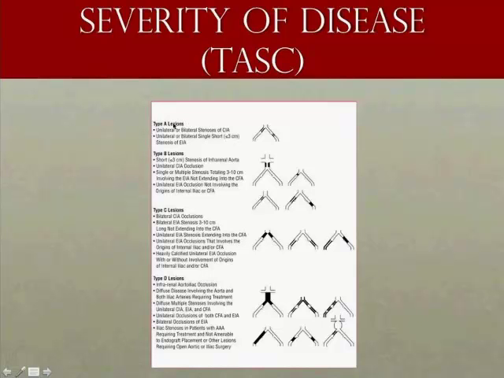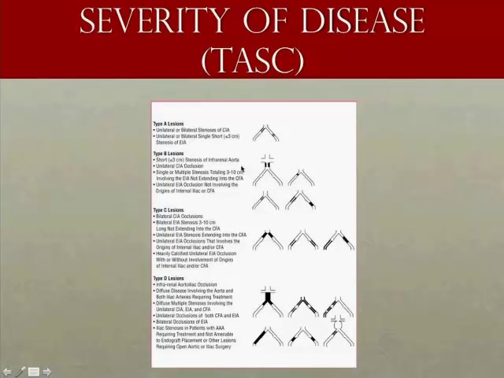So it's obviously TASC A to type D lesions, type A being of course the more simplistic or more straightforward lesions, and then type D being the most complex disease involving the aortoiliac system. Type A lesions tend to be unilateral stenosis involving the common iliac artery, or a bilateral lesion involving the common iliac and the external iliac.